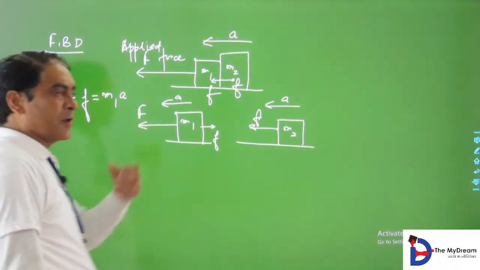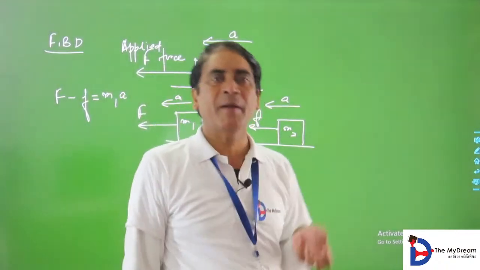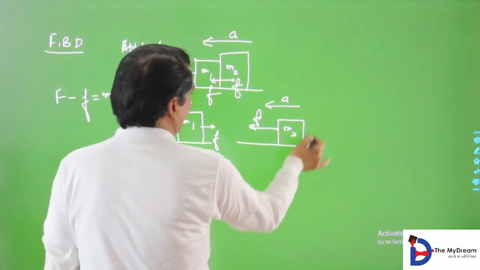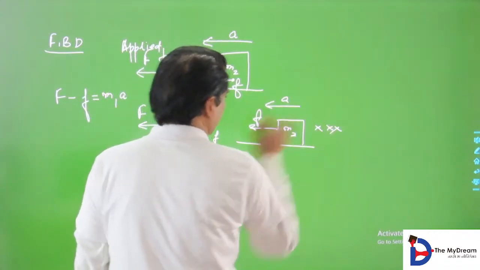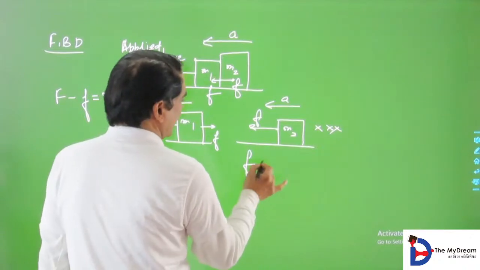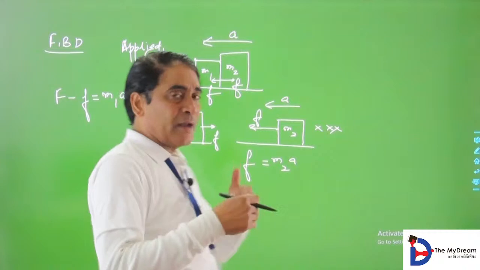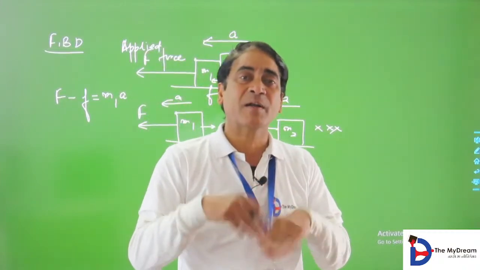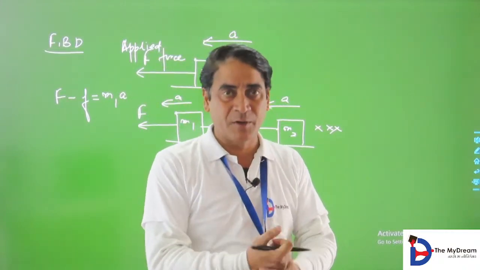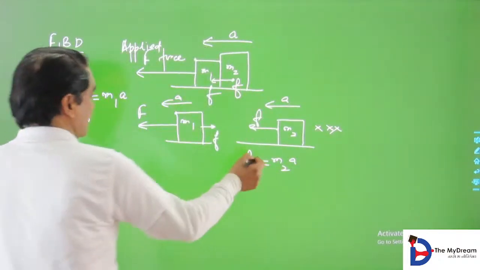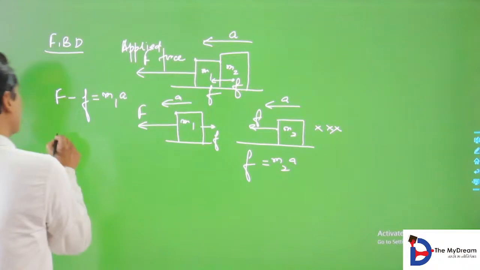The magnitude of the effective force, that is M into A. Here you see there is no external force. So F is equal to M into A. Otherwise you can write F plus or minus whatever the magnitude of the force is given to you here. So this is the contact force.